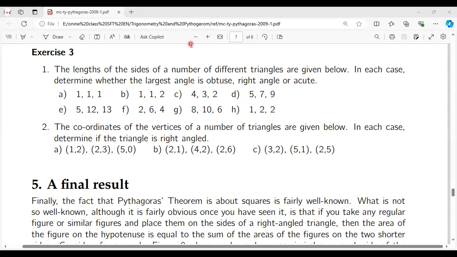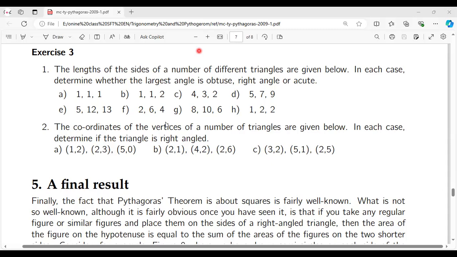The other thing when it comes to the Pythagoras theorem is that if you have the three values of each side of a triangle, you can apply the theorem, and if a squared plus b squared is equal to c squared, it means the triangle satisfies the Pythagoras theorem, so it automatically becomes a right triangle, right?